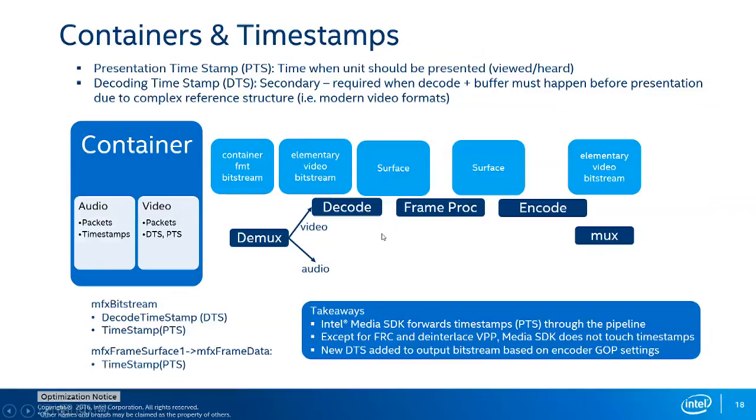We can process that input in arbitrary increments. It doesn't necessarily have to match frame boundaries. The output is made available after decode is done as an uncompressed surface. VPP has a surface in, surface out. Encode has a surface in and a bit stream out.